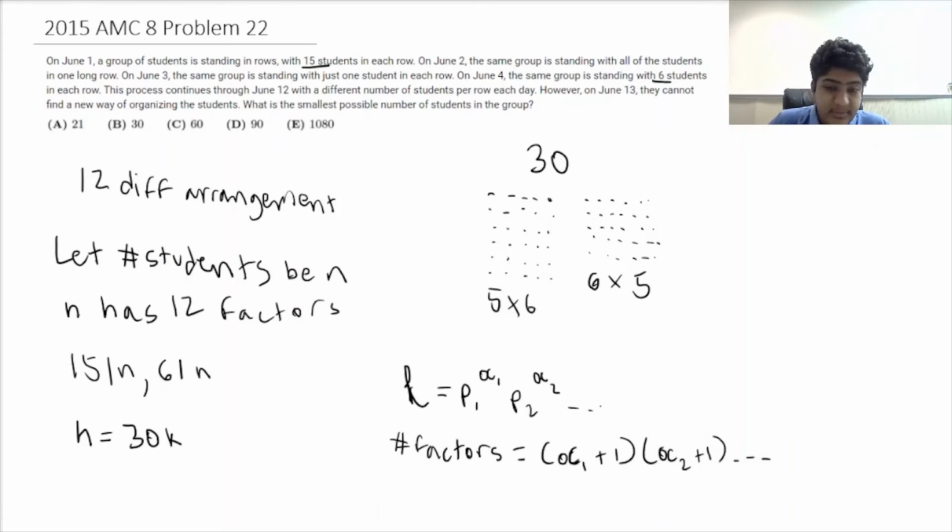There's alpha 1 plus 1 ways to choose an exponent for P1, being 0 all the way through alpha 1. Same thing for alpha 2, etc. And by the multiplication rule, you just multiply this all together.